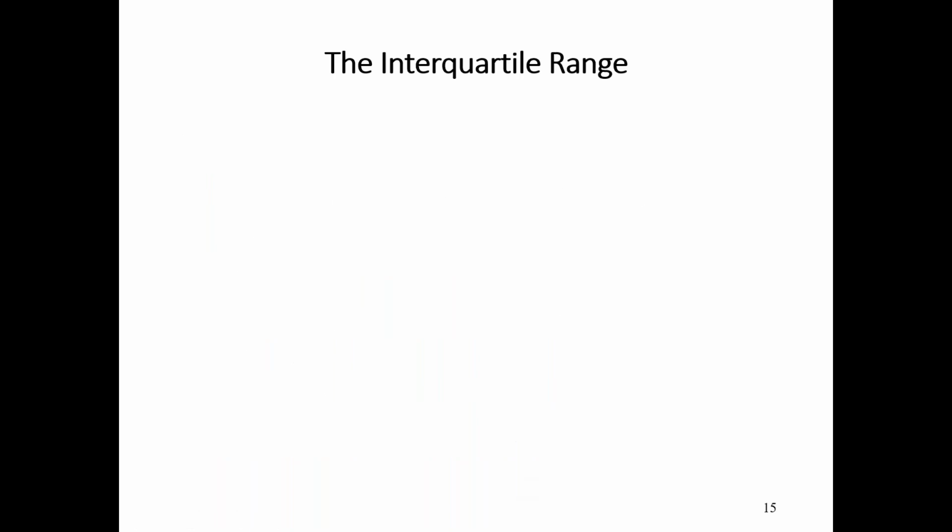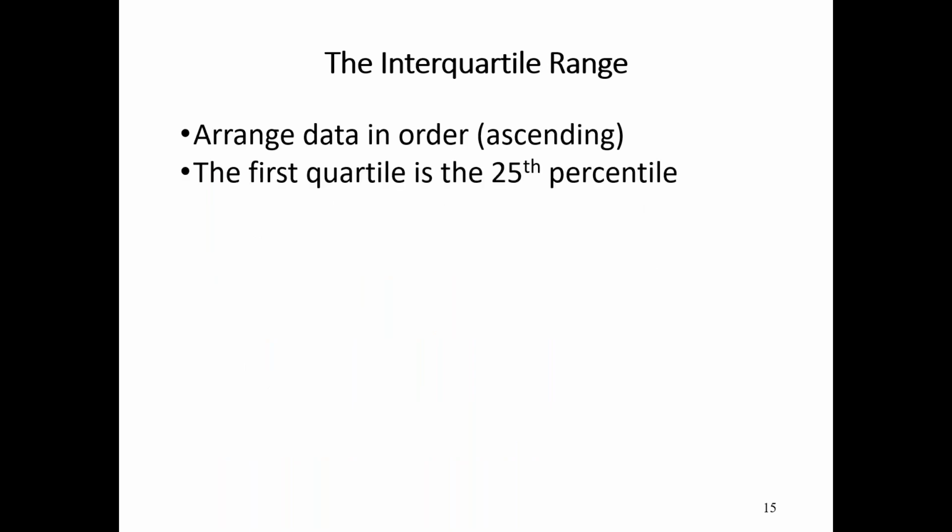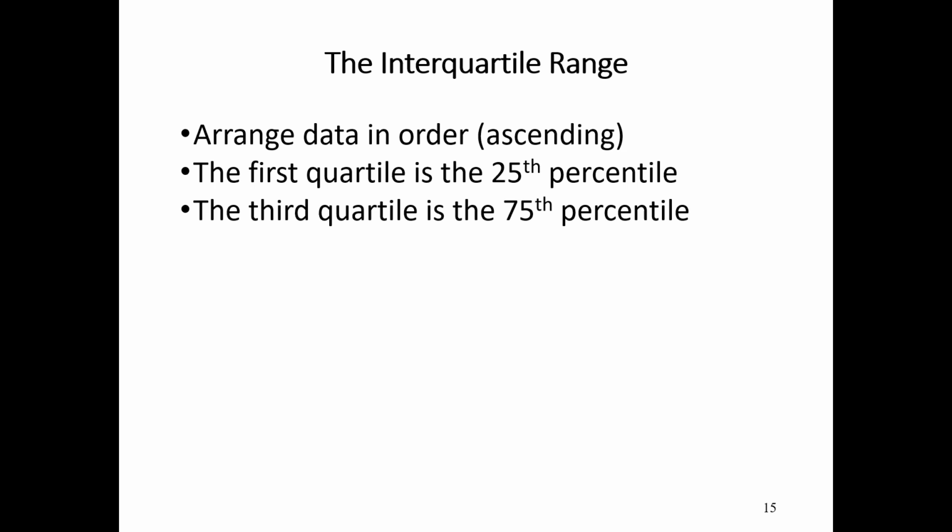Now what is this interquartile range? Please try to remember that. Arrange data in an order, it could be ascending order. The first quartile is the 25th percentile. Now what does it mean? If I arrange 100 people in an order, the value of the 25th person is what is known as the 25th percentile, and the value of the 75th person in that order, either ascending or descending order, is the 75th percentile.